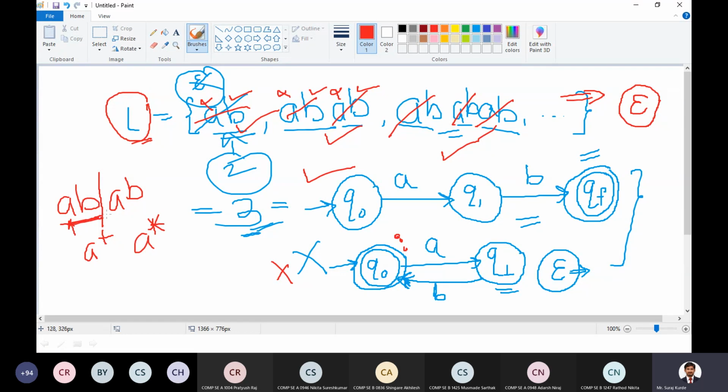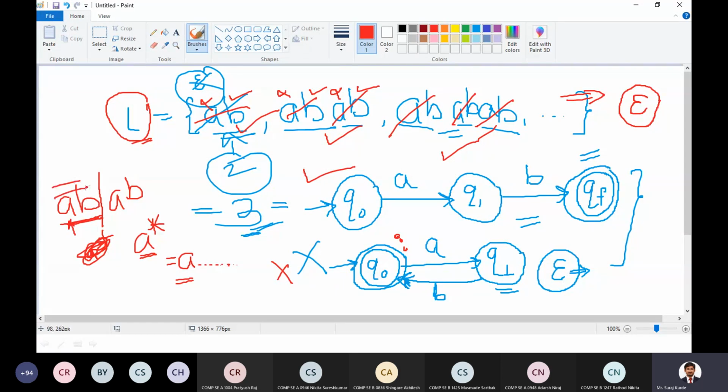But here AB, A is required to be read. We will forget about A plus. For A star, A can be accepted any number of times. There is no condition or effect on the machine because it is 0 or more times. So there is no change in the state. There is a self loop. Current and next state will be the same.